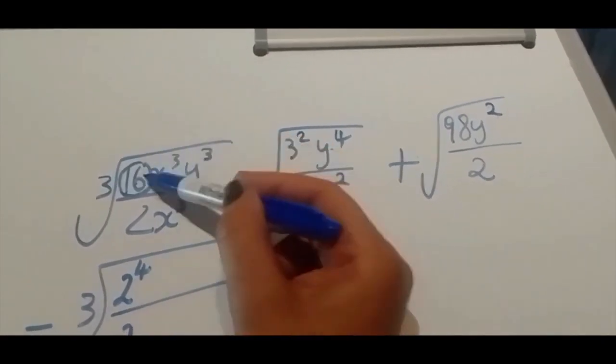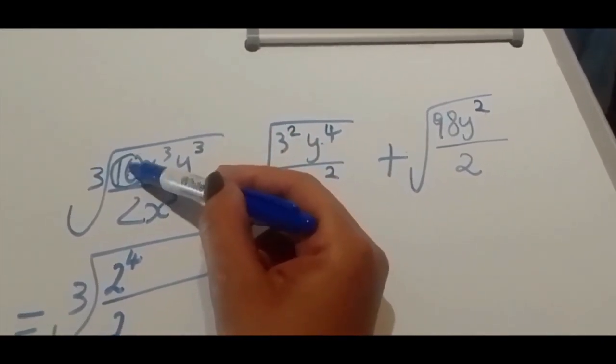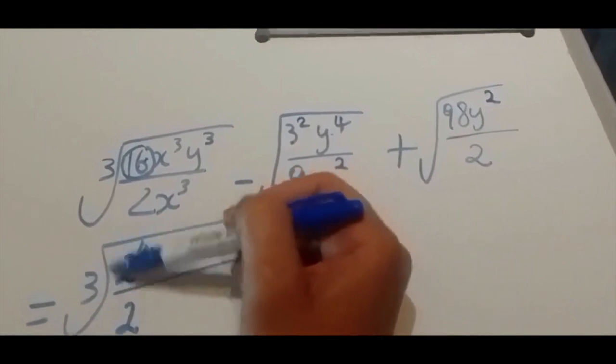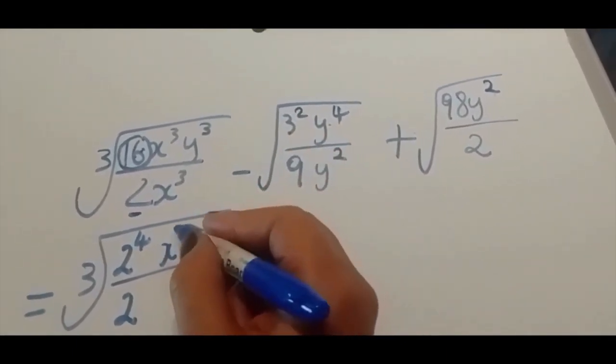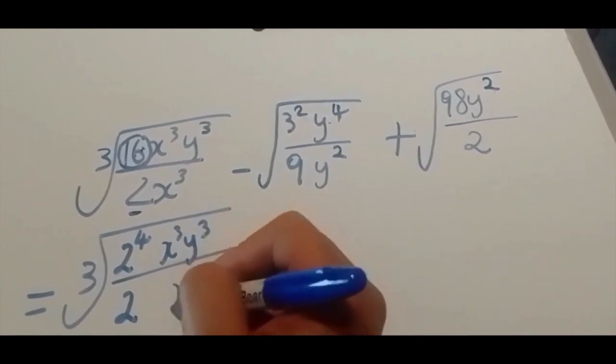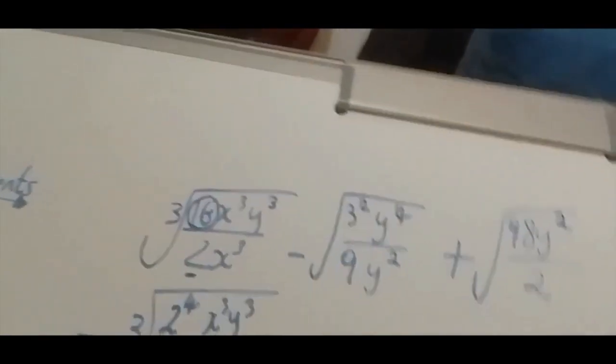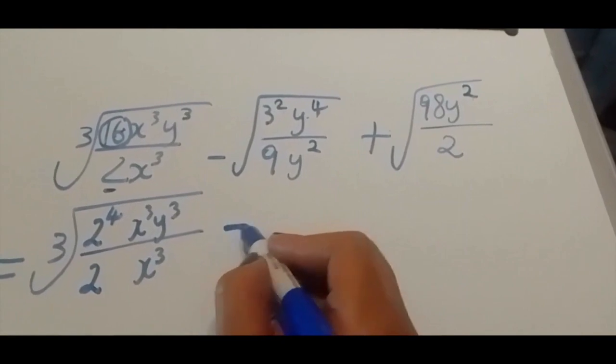The reason why I made a 16 in exponential form with base 2 is because of that 2 there. Then I will just go x cubed, y cubed, x cubed. I'm going to try by all means to have the same bases.